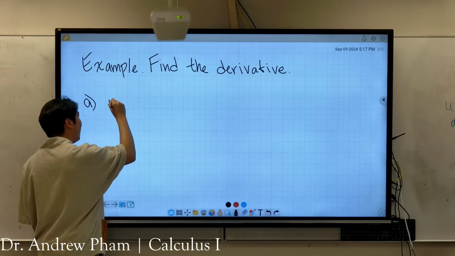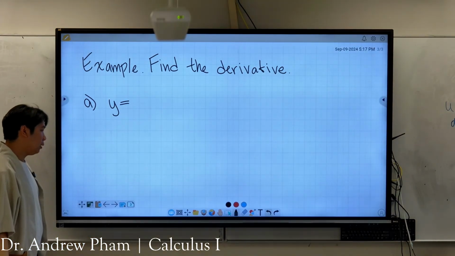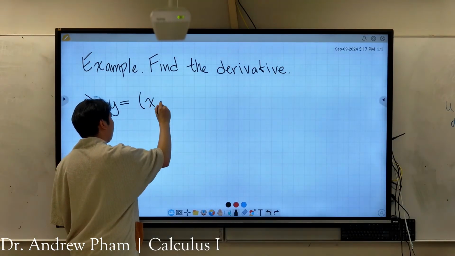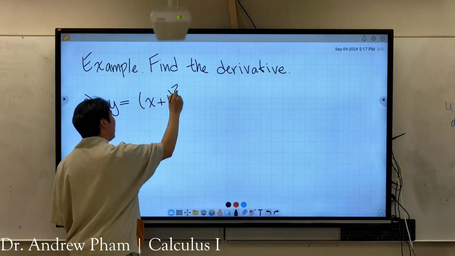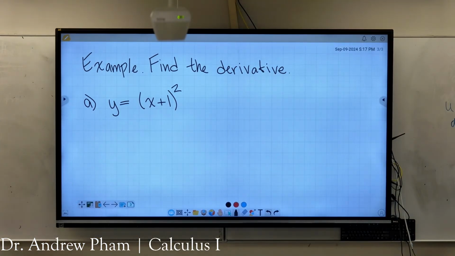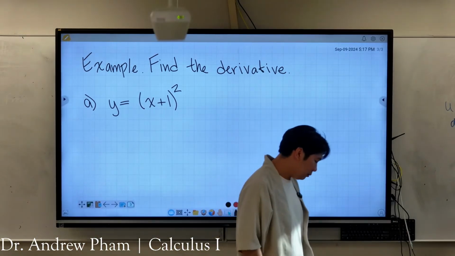Alright, so let's say I have y is equal to, let's do x, we'll start off nice and quick with x plus 1 squared. If you've taken calculus before, you might know that there is another rule in the future that we might use. But for now, let's stick with our power rule.